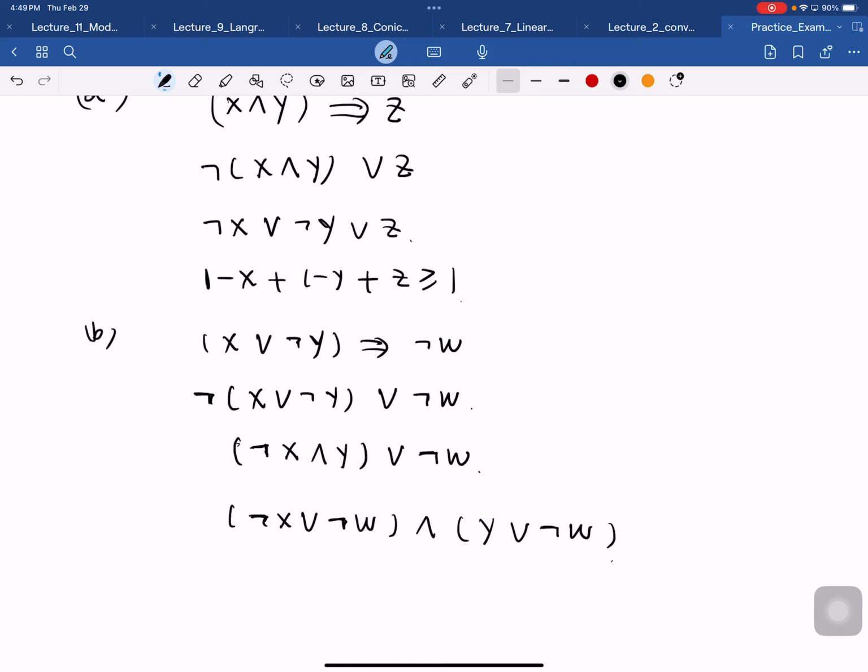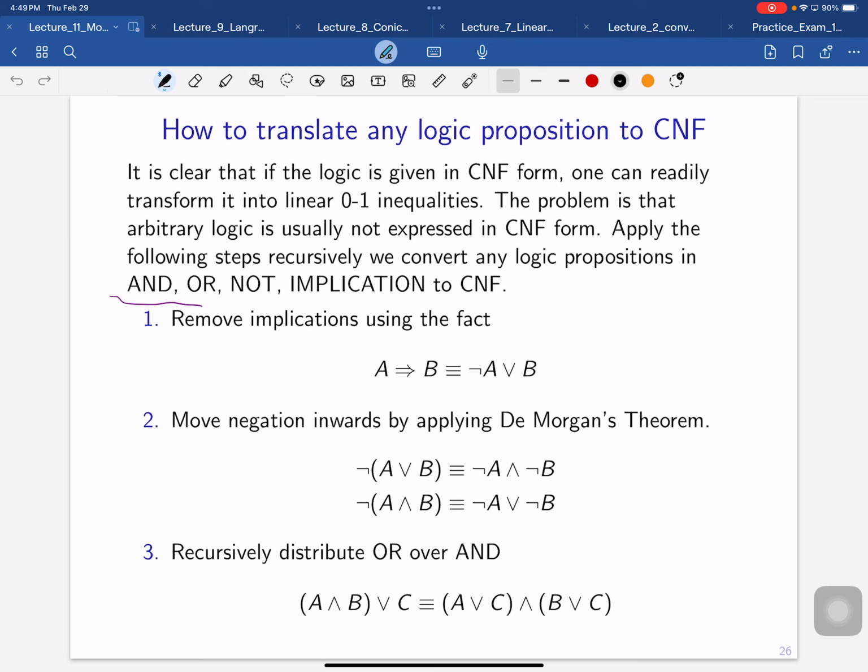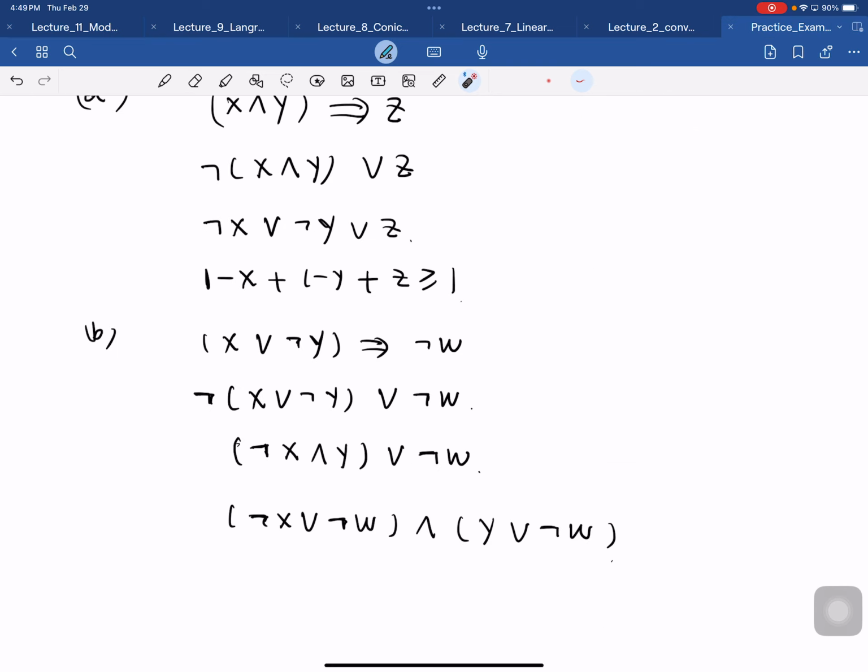Okay, so this is like a distribution rule, right? If you look at this particular slide, it is essentially this slide here. Okay. So with that, now we are at a conjunctive normal form, right? You just let this logic hold simultaneously, then we are done.